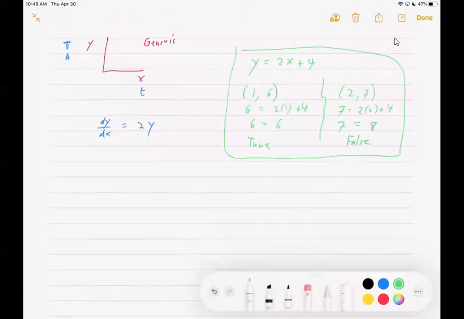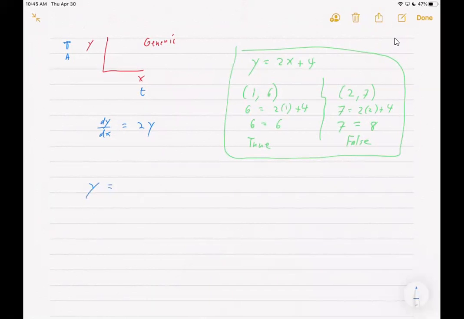Now, it turns out the solutions to differential equations are functions, or they often are. Okay, so let's look at a couple possibilities. Let's consider y equals e to the 2x. I want to consider that as a solution.